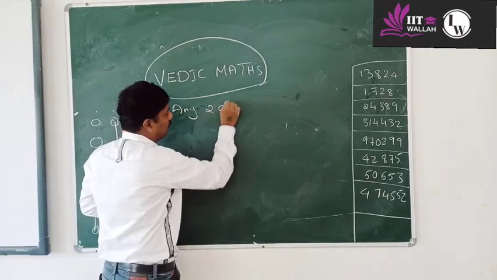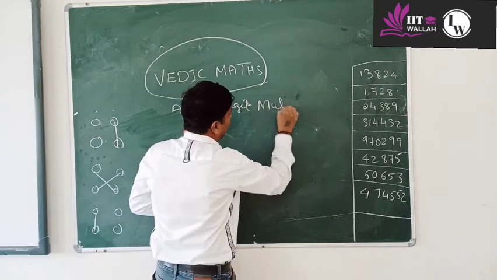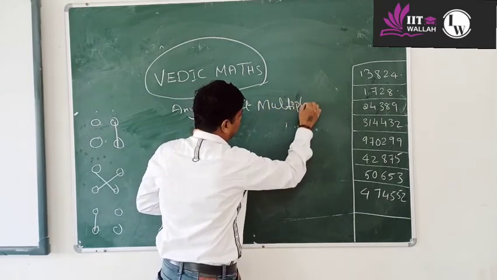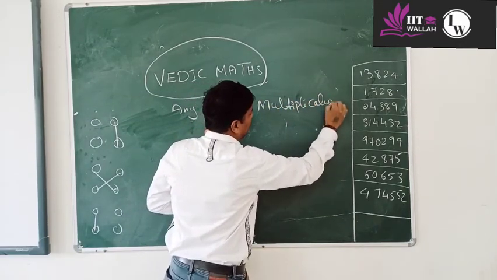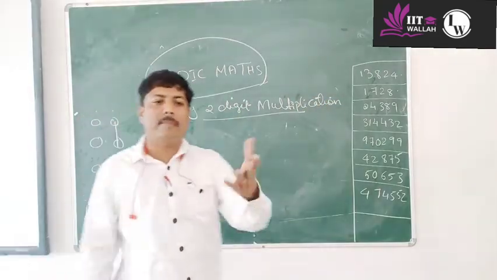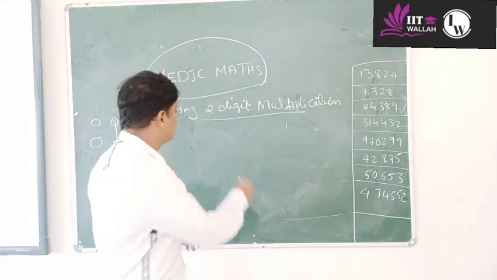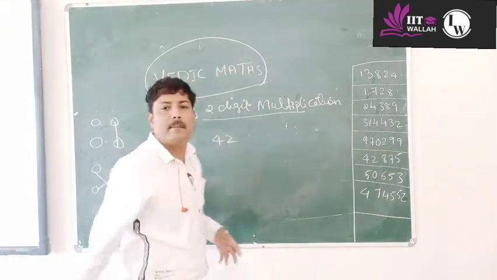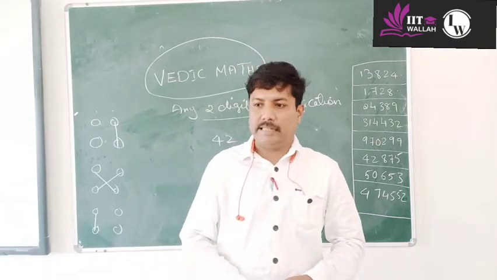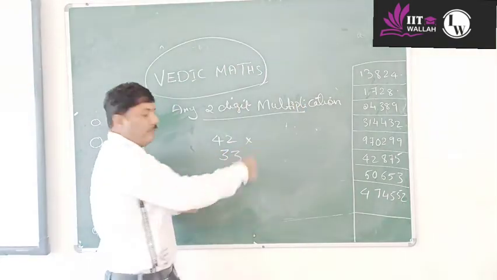Any 2 digit multiplication. Okay, give me a number so that I can multiply it with another number. Okay, 42. Give me another number here, 33. We need to multiply this.